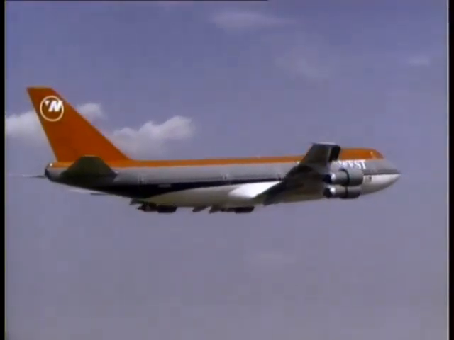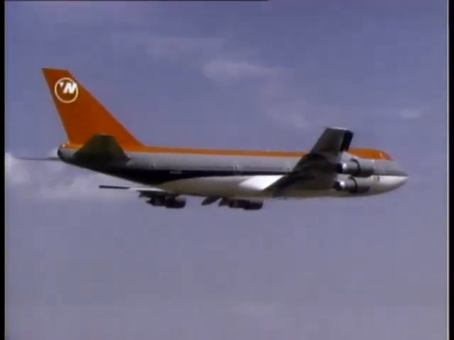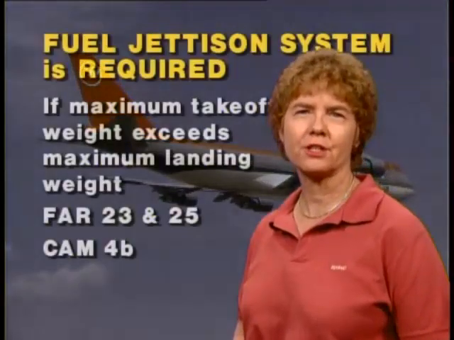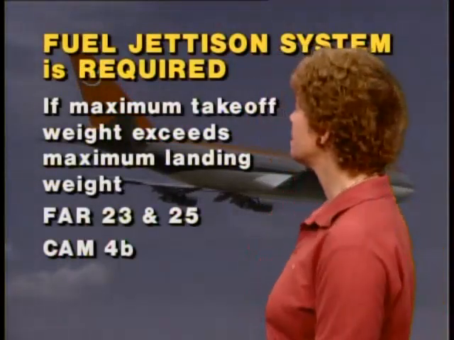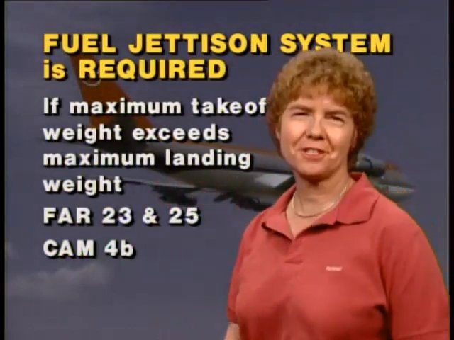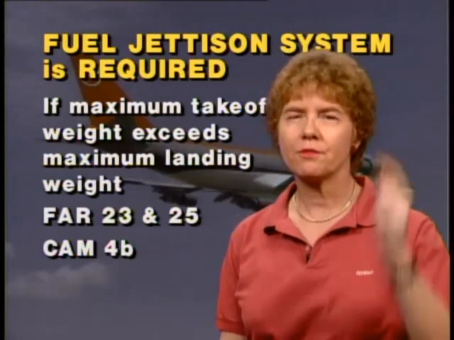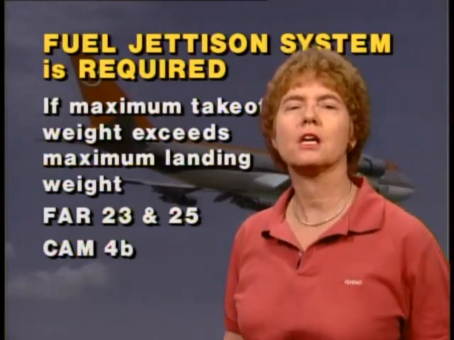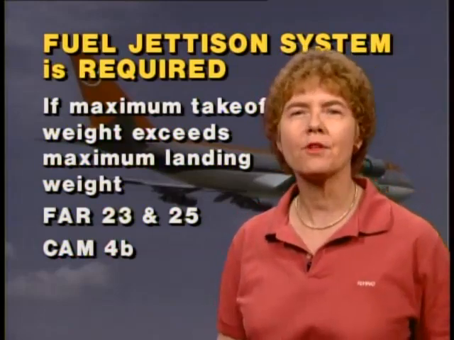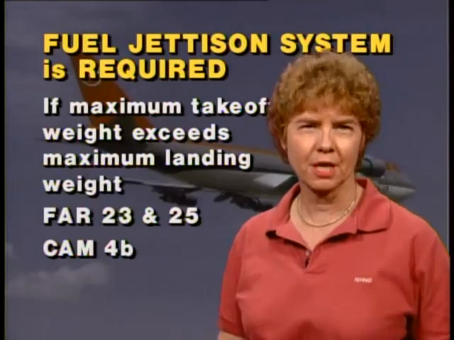Both transport category aircraft, like this airliner, and general aviation aircraft require a fuel jettison system under certain conditions if the maximum takeoff weight exceeds the maximum landing weight. Now, interestingly enough, what you really have to remember about this question is the regulation numbers for the regulations that cover the requirements for fuel jettisoning.